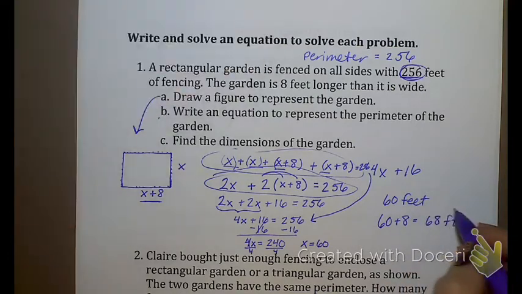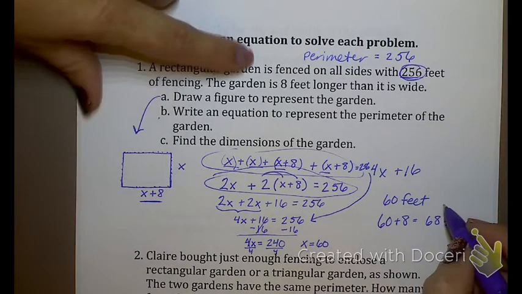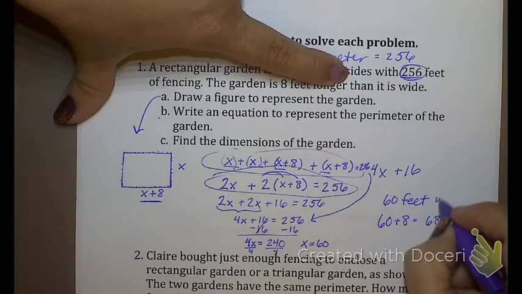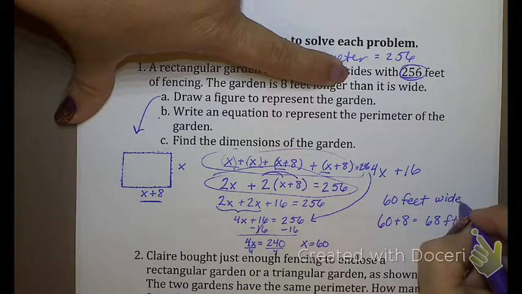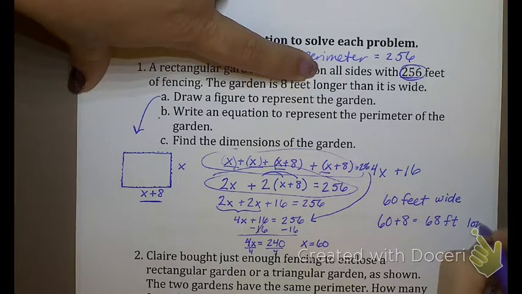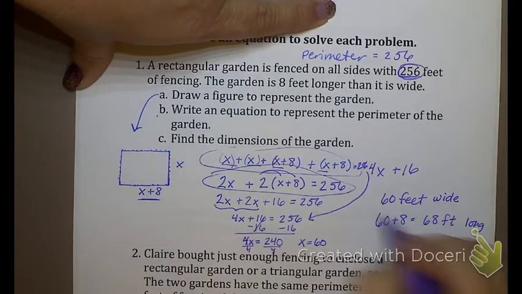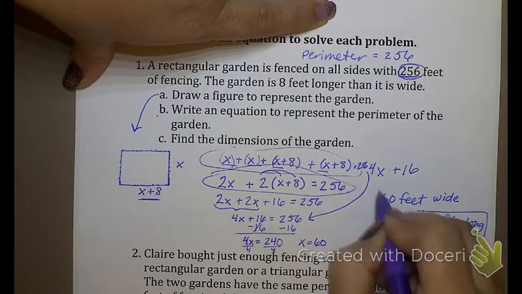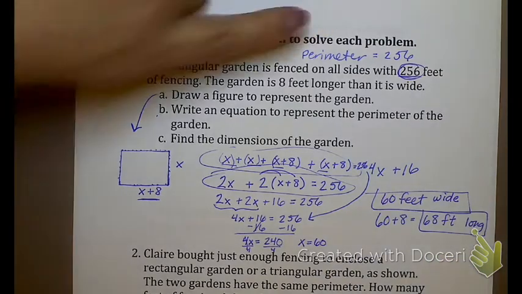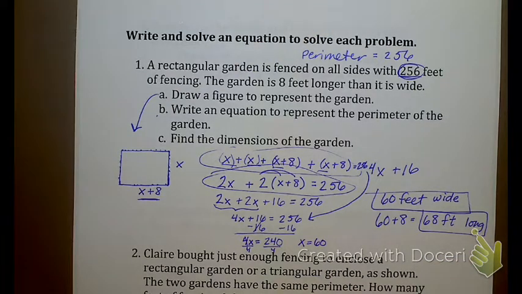I could just say 60 feet by 68 feet. But this is the width. And this one is the length. Because the length is longer than the width.